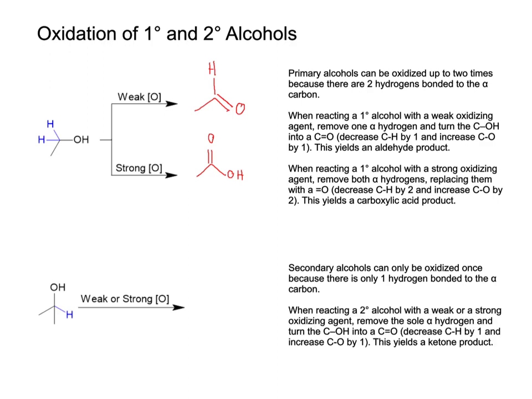So when we react a secondary alcohol with either a weak or a strong oxidizing agent, we're going to remove the sole alpha hydrogen and turn the C-OH into a C double bond O. Since we can only oxidize once, a weak oxidizing agent will do just that, and a strong oxidizing agent has no choice but to do it just one time. So we're decreasing C-H by 1 and increasing C-O by 1. This, of course, yields a ketone product.